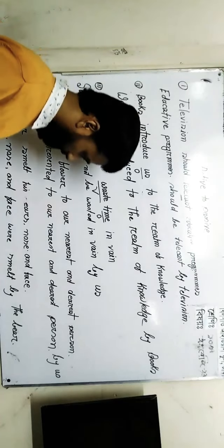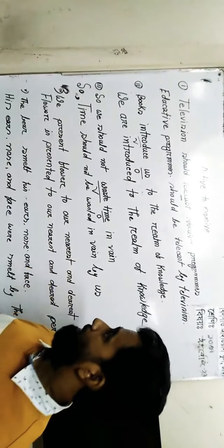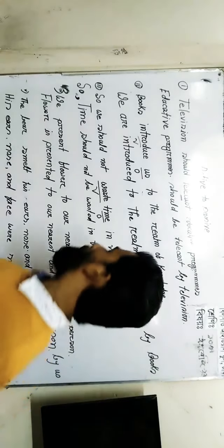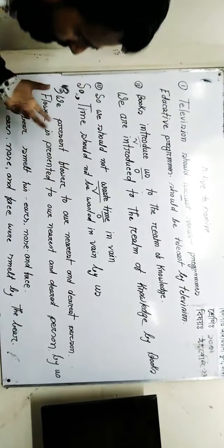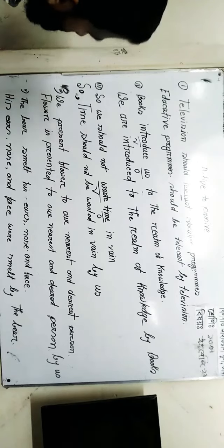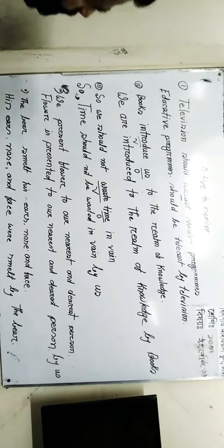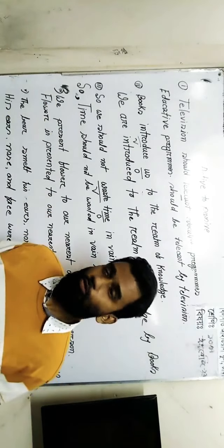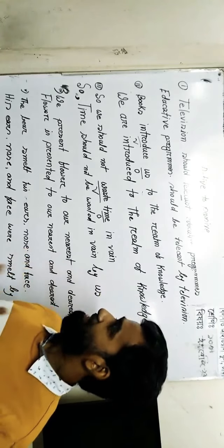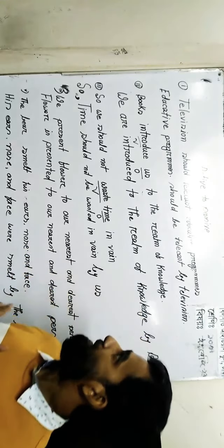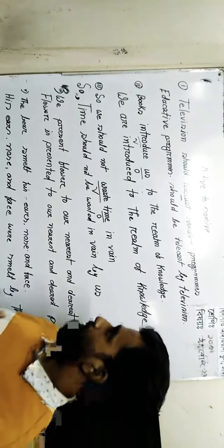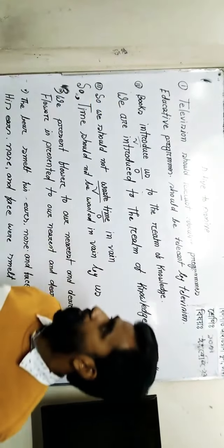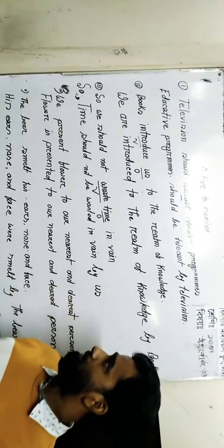I think you understand my words: how can we make active into passive? Now I have shown you some examples, and I have told you in detail how to make active into passive. So these are the five examples.